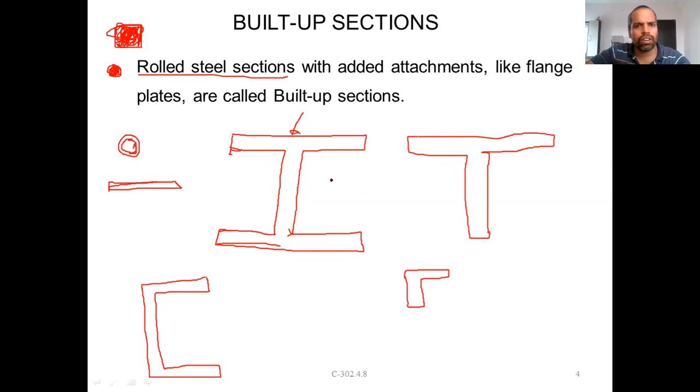So what we do is add additional members. In this case, one possibility is that we add some additional plates like this.